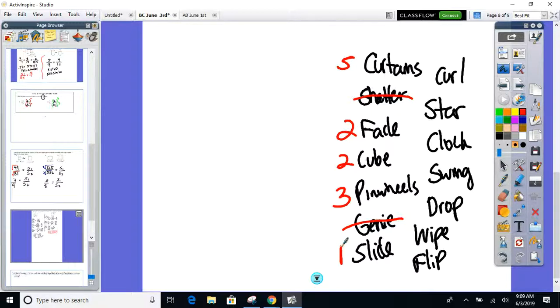Curl. Star. Clock. Swings. 1, 2, 3, 4. Anybody swing? 4? 5. Swing, Roman. Drop. Wipes. Flip.